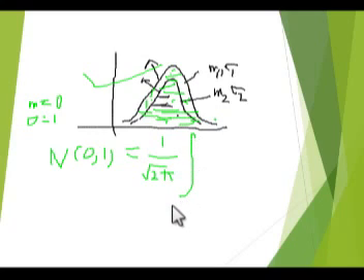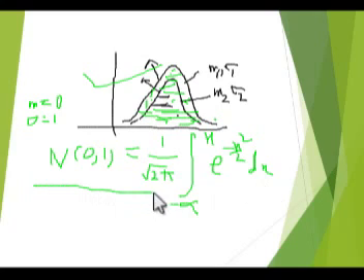Integration from minus infinity to x of e to the power minus x square by 2 dx. It is the standard form of the normal distribution.